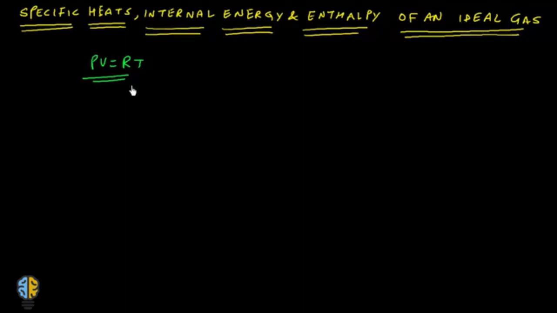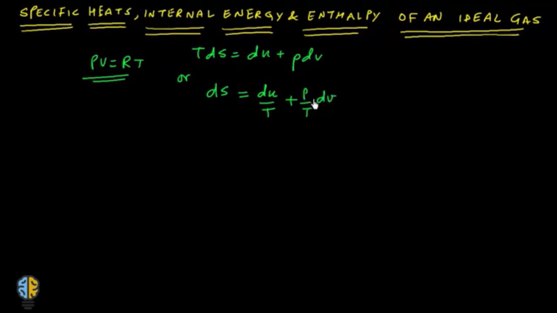Now the properties of a substance are related by the equation TdS = dU + P dV. If you divide everything by temperature, you get dS = dU/T + (P/T) dV.